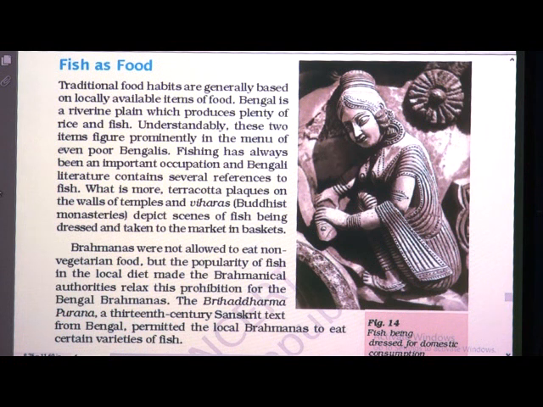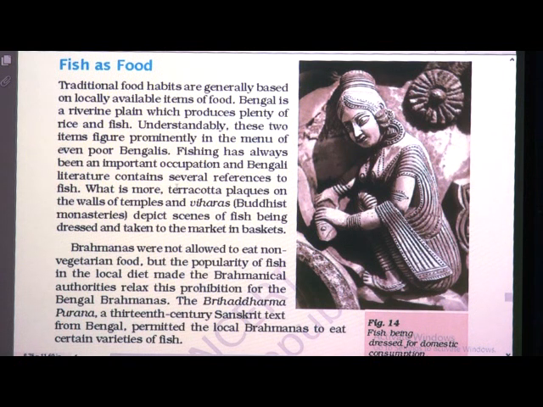Now here usually fish and food is the main menu. Why? Because it is a riverine plain where plenty of fish is found and rice is cultivated. So it is a menu for the poor Bengali families also.